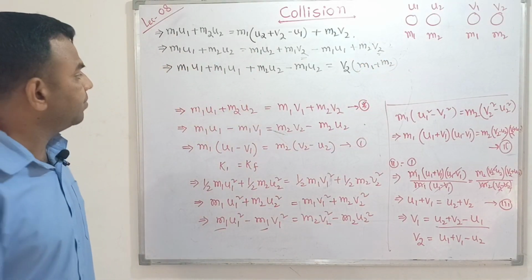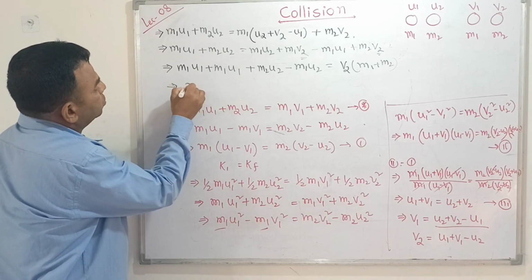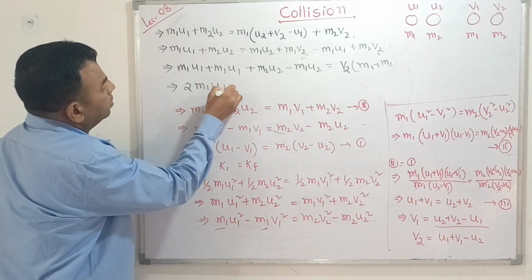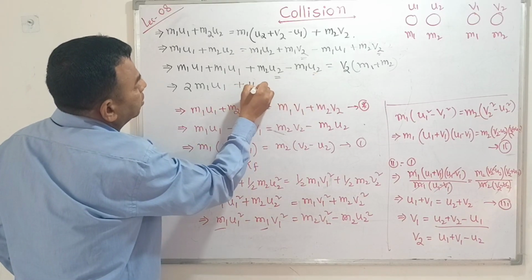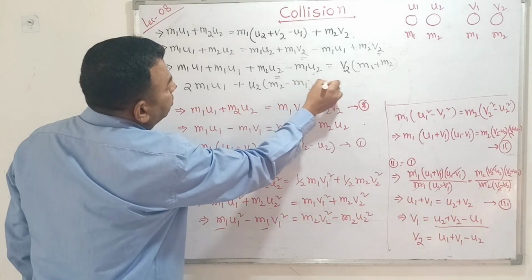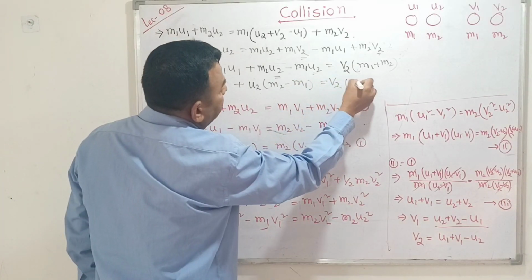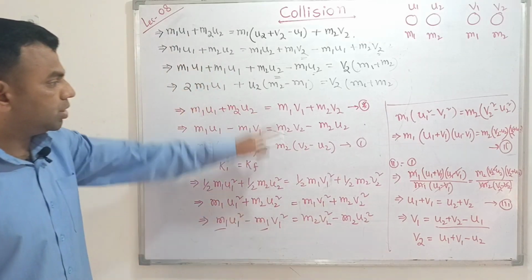Get it? Okay. So this is the same quantity, so it will be 2 m1 u1 plus, since u2 is the same, we can take u2 common: m2 minus m1, equal to b2 times m1 plus m2. Hope you have already noted it down.